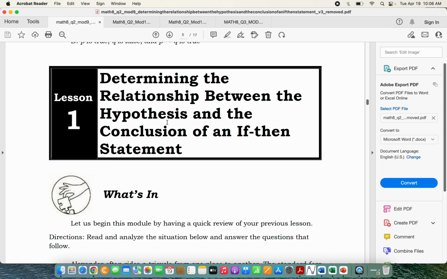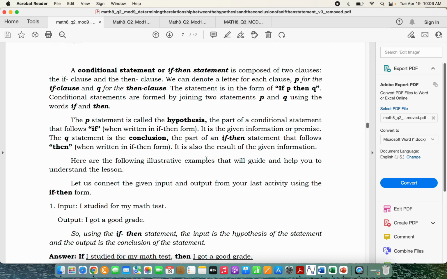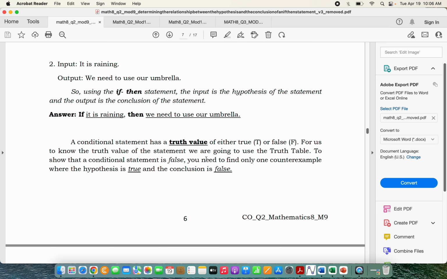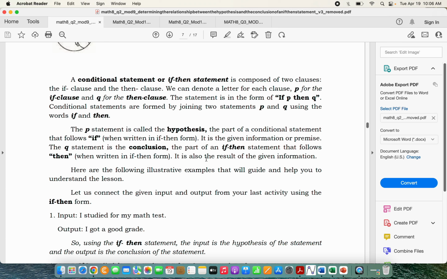Determining the relationship between the hypothesis and the conclusion of an if-then statement. So let's start with this one, Module 9, page 6. Okay?